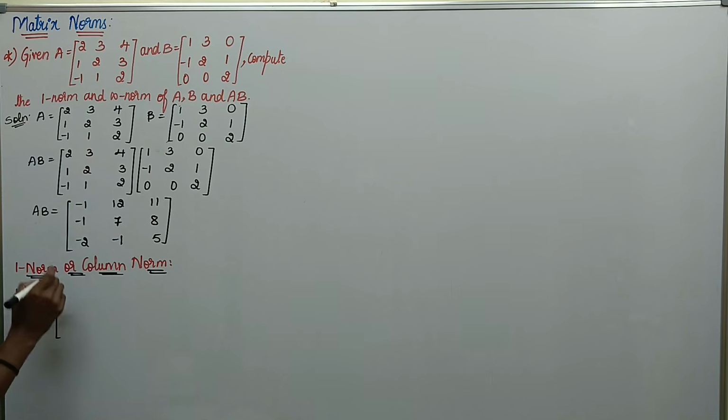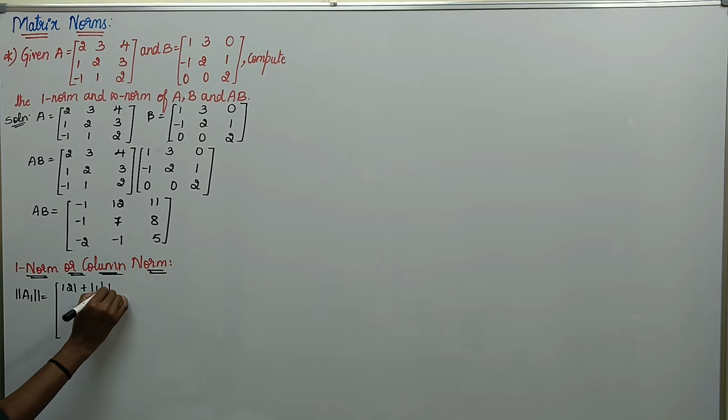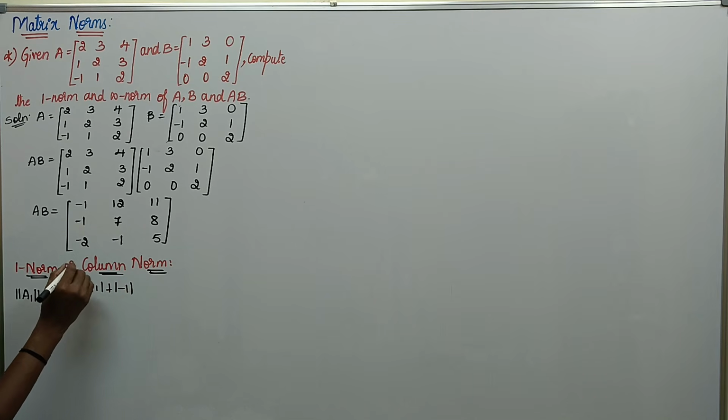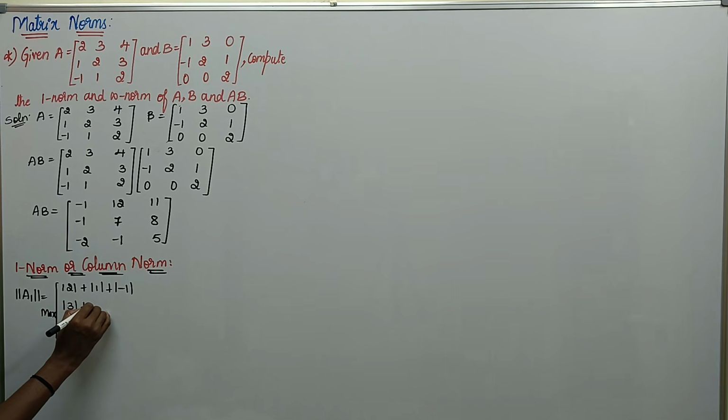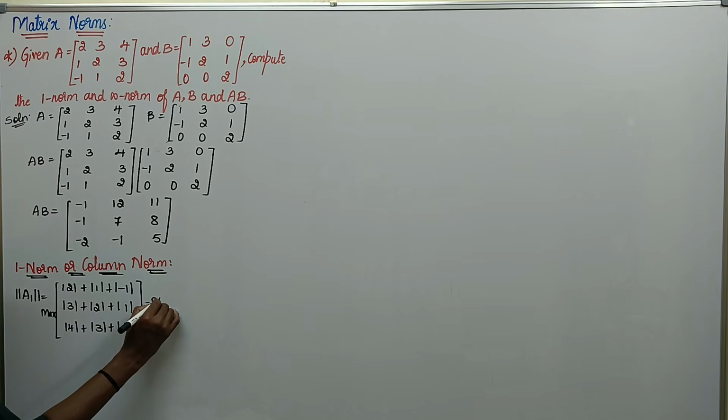That is modulus 2 plus modulus 1 plus modulus minus 1. Next, represent the maximum of, next, modulus 3 plus modulus 2 plus modulus 1. Next we have modulus 4 plus modulus 3 plus modulus 2, which will be equal to the maximum.